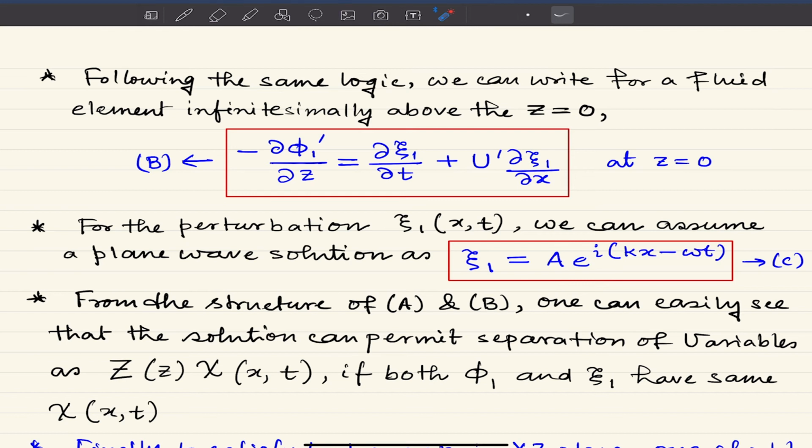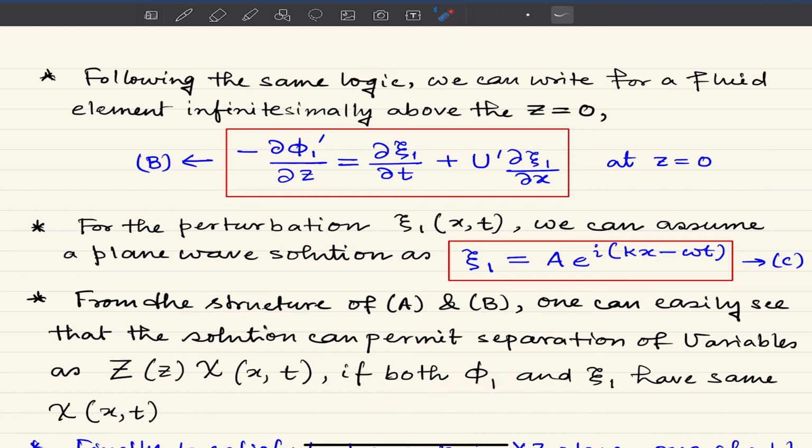So for phi1 you start with some z1 chi1 of x and t, and for xi1 you start with some z2 chi2 of x and t, and you will see that only when chi1 and chi2 are exactly equal can you treat the whole system in terms of separation of variables.